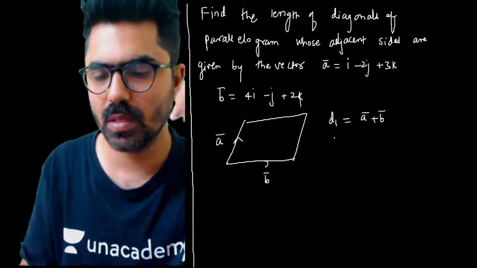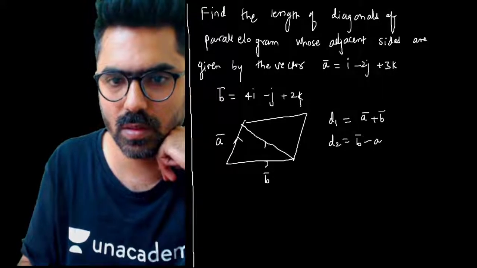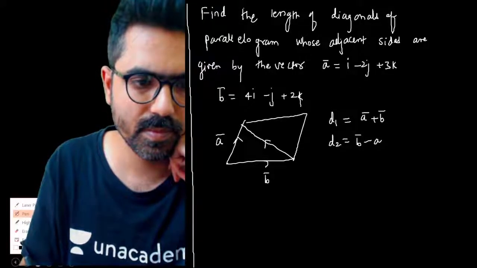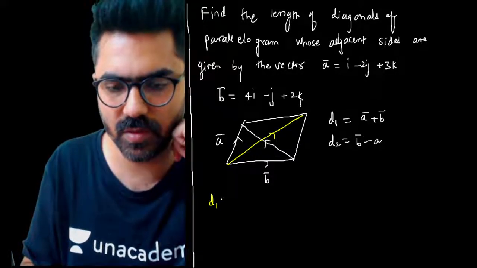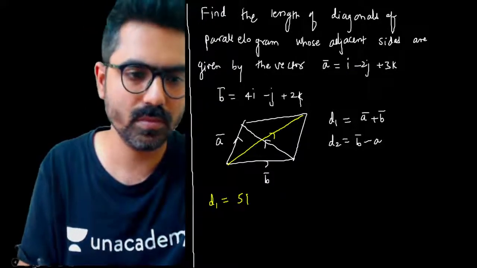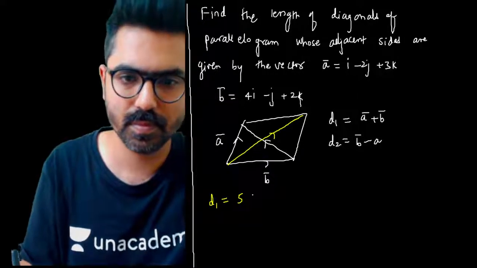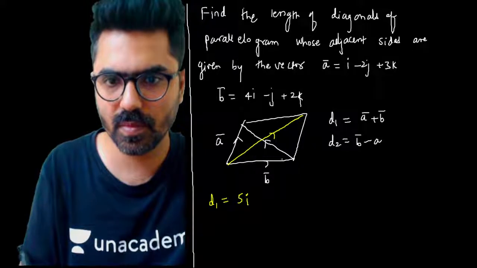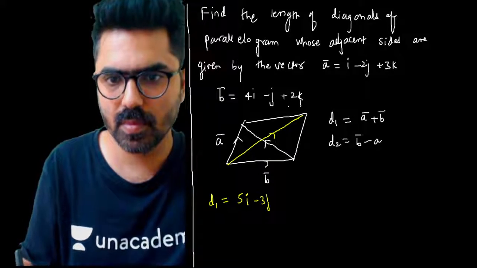And the other diagonal D2 is B minus A. This one is B minus A, and the other one, let me draw with a different color, this one is A plus B. So let's find the first diagonal first. A plus B is 5i, minus 3j, then 5k.